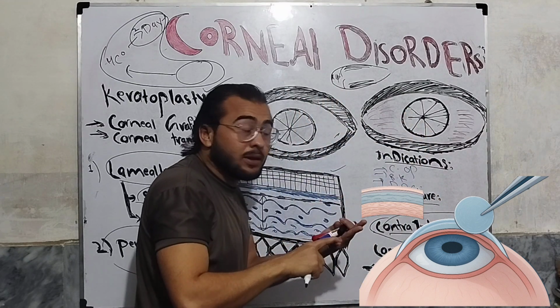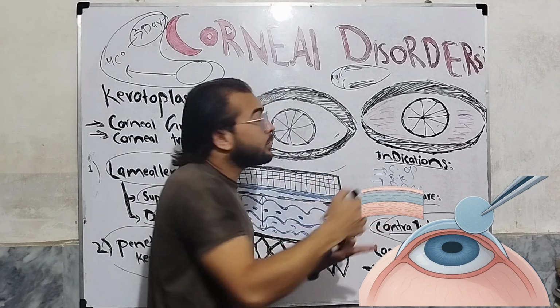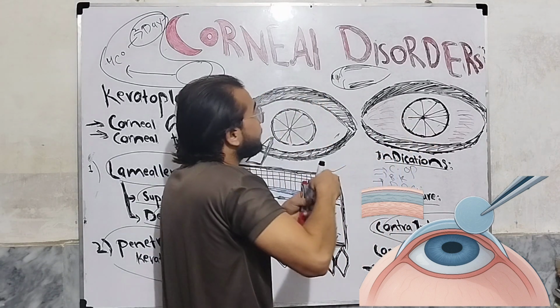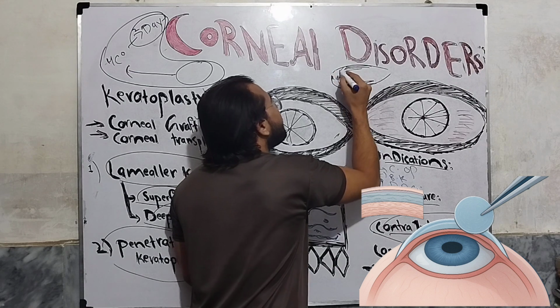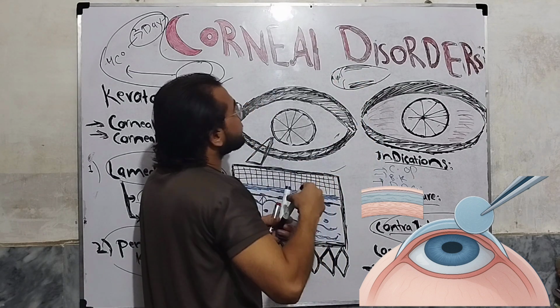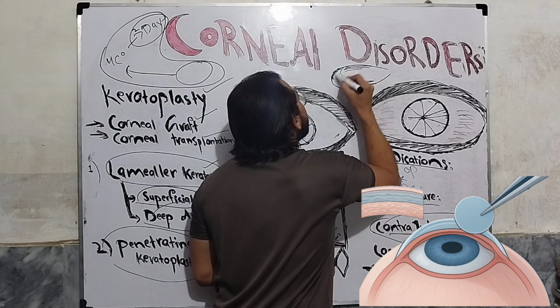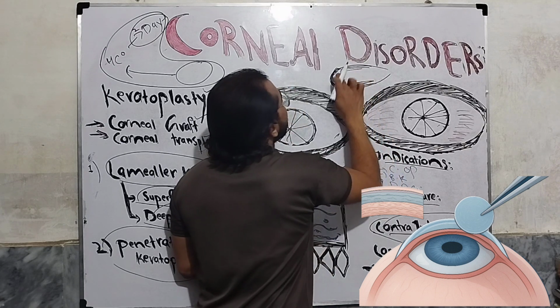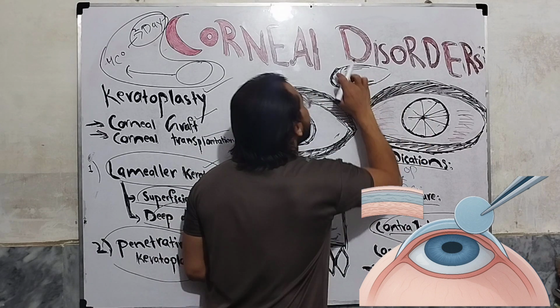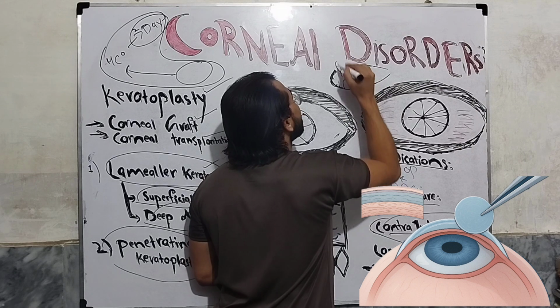That is one problem. When there is leakage, we know that the iris can prolapse. For example, if this is the cornea and there is leakage, the iris can prolapse out.